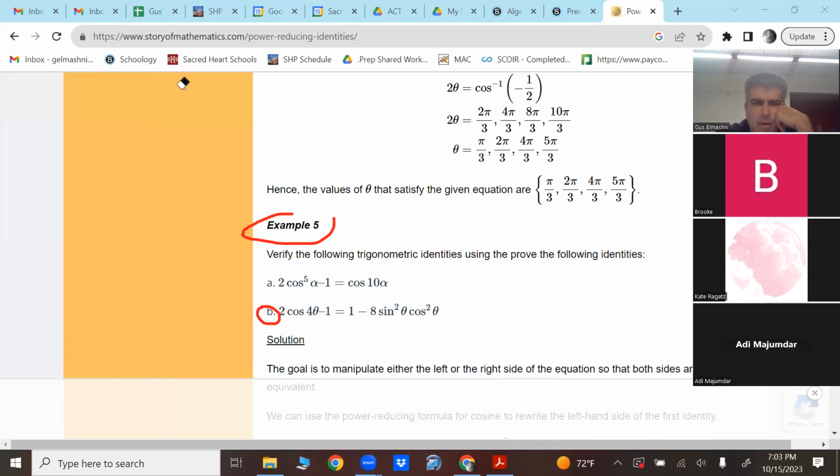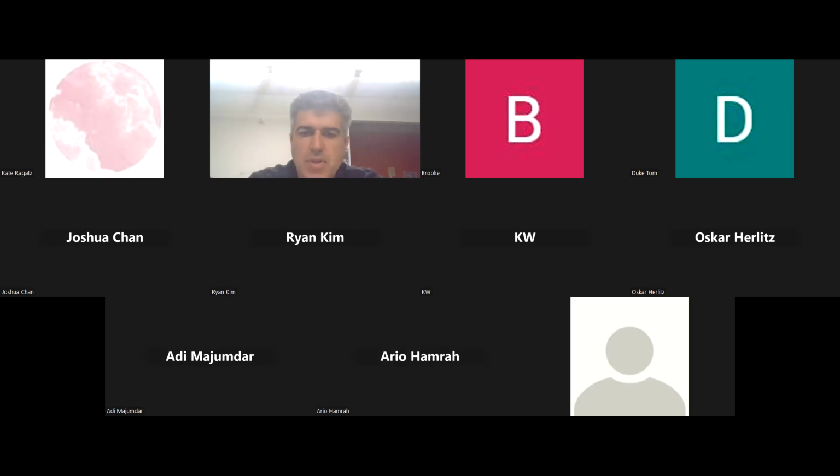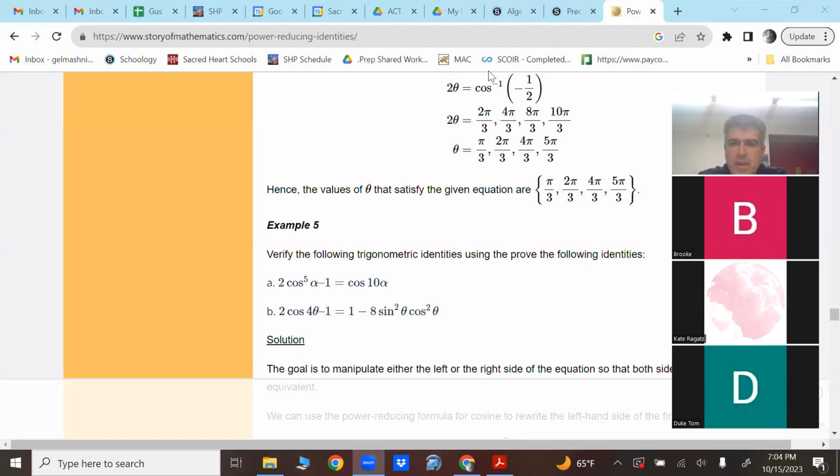I should have started over here. Yes, you do 2 cosine minus 1. All right, sorry again. I keep losing my connection. Here we go. So, yeah, let's work on the left side. And then you could add 1 to both sides.